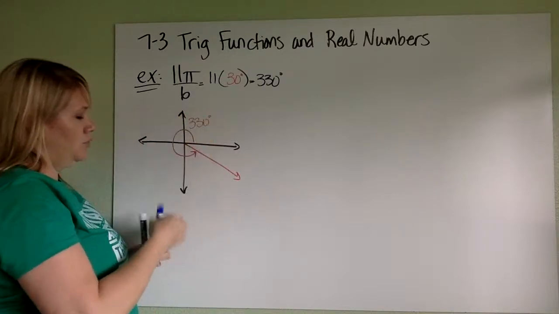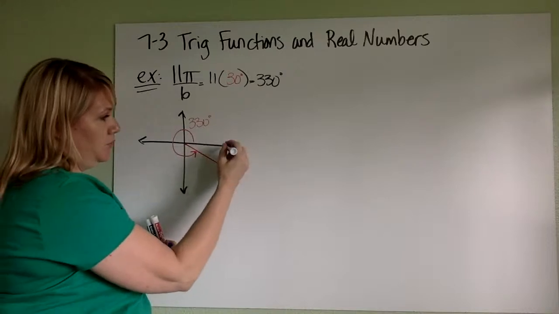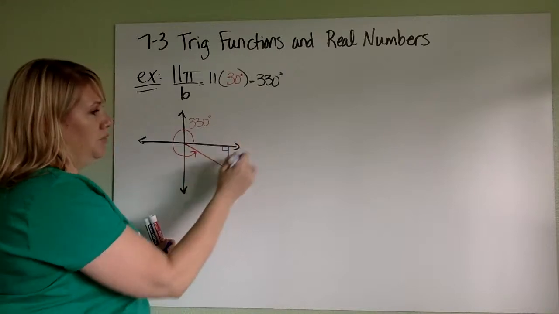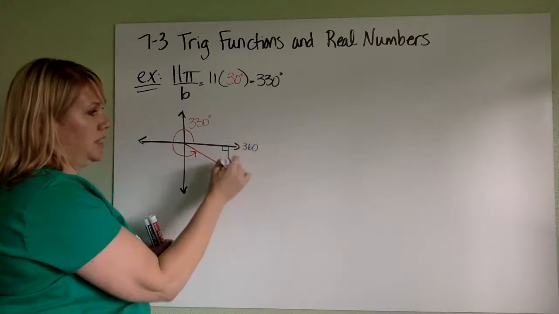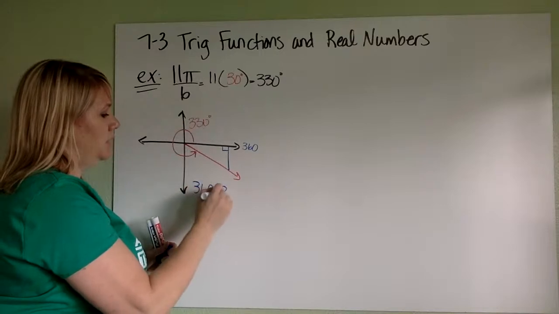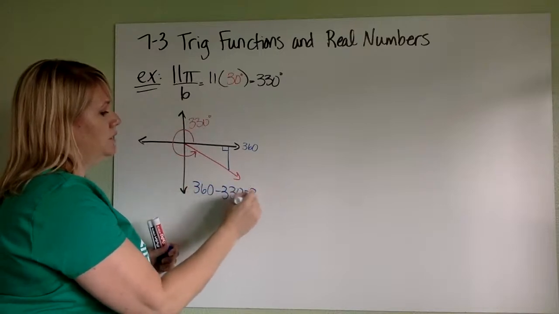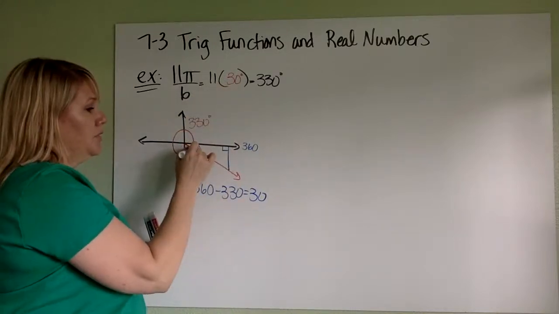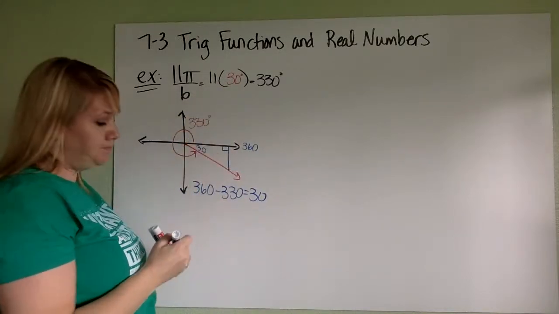And if you do 360, we're going to drop our reference triangle here, right? 360 is the x-axis if we went all the way around, right? So 360 minus 330 is 30, and there's that not coincidental reference angle we talked about.